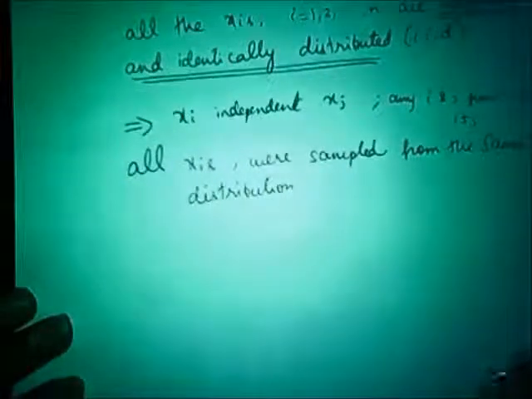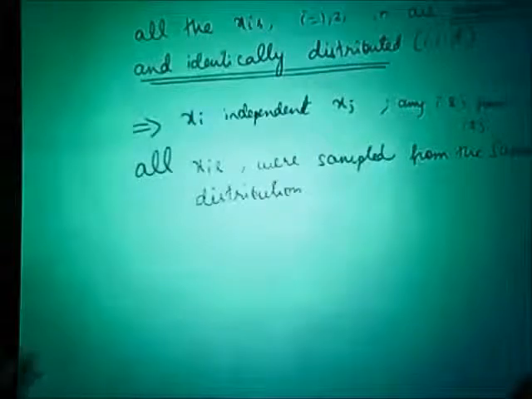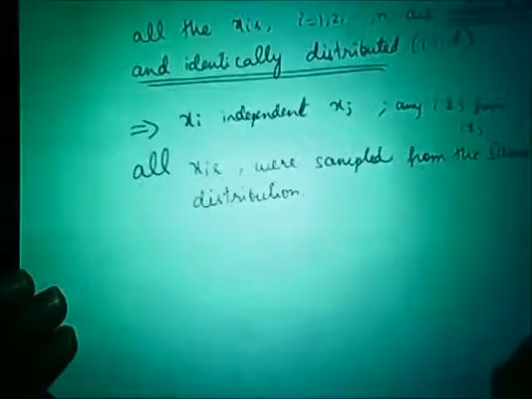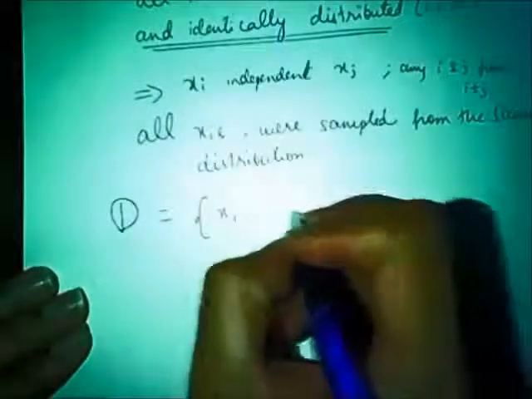Note that to do a maximum likelihood estimation, you do not require the samples to be IID. The advantage is that IID simplifies the computations a lot. So that is the only reason why we use IID. So let us denote D as the set of outcomes that we already have.